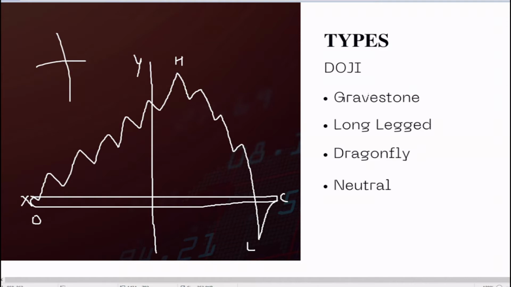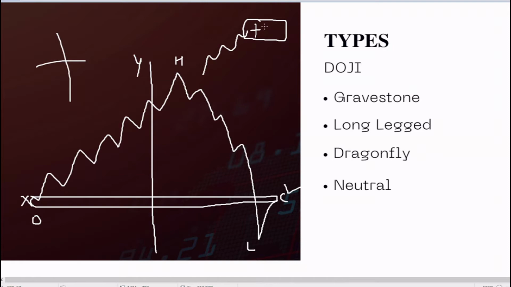Now, I would also like to tell you one more thing. Whenever you find a doji, we call it a neutral candle. Why do we call this a neutral candle? Let's assume the price is moving on a higher side, and then you have a doji. Whenever a doji is formed, the market is in a confused state, or it is not in a clear direction.